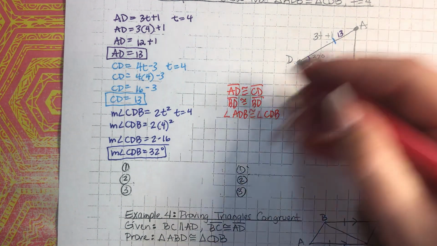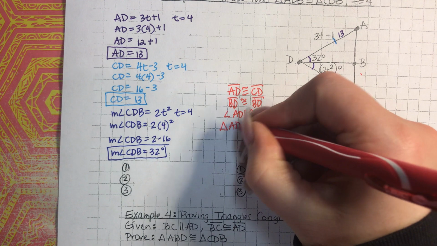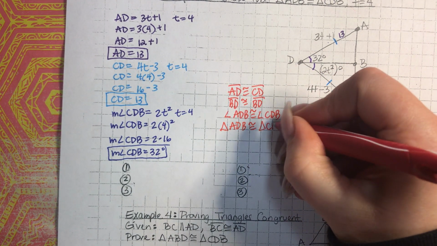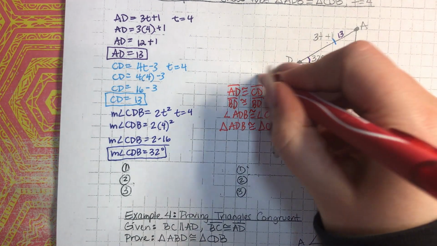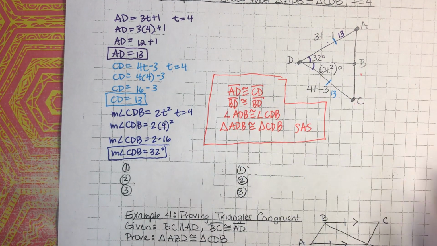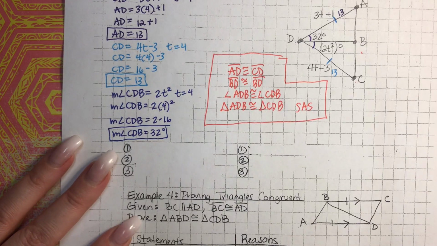And then we can say that these two triangles are congruent. Triangle ADB is congruent to triangle CDB, because of side, angle, side. So there you have it. So if you got all that right, yoku dekimashita, you did a wonderful job, and I'll see you in a little bit for example 4.